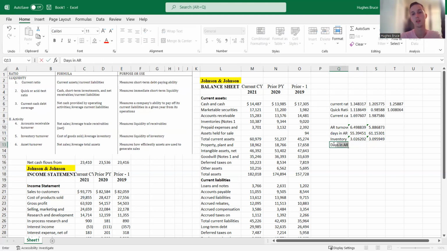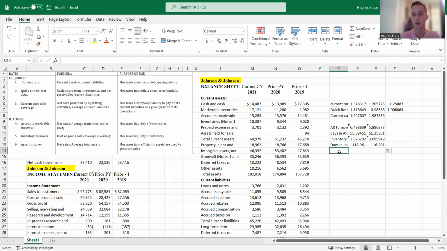And then same with accounts receivable, we can figure out how many days in inventory that they have by doing 360 divided by the inventory turnover. And so here we can see that it typically takes Johnson & Johnson 118 days in 2021 to go through their inventory, or in other words, to turn over their inventory. And so that's the inventory turnover ratio.